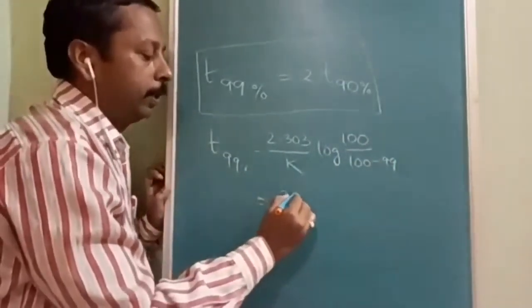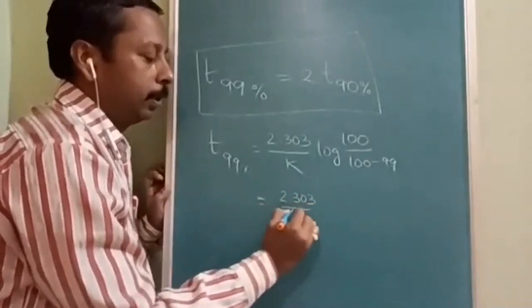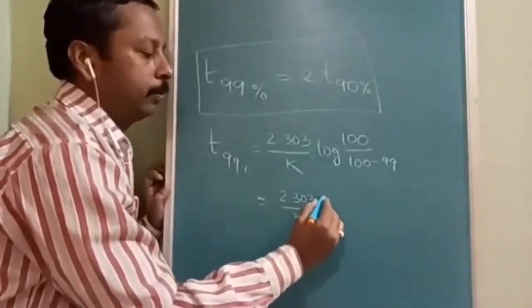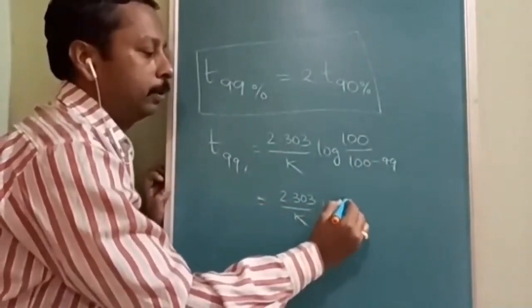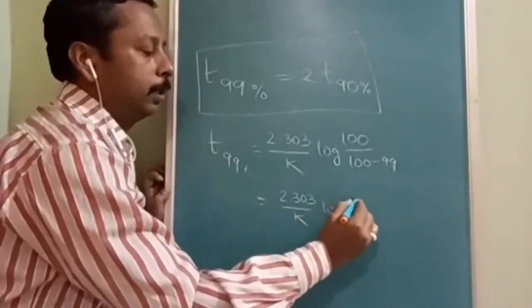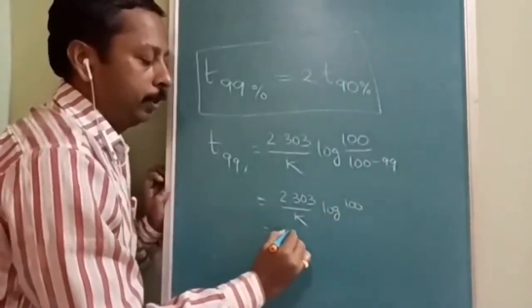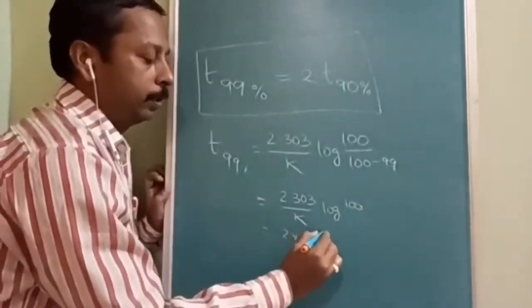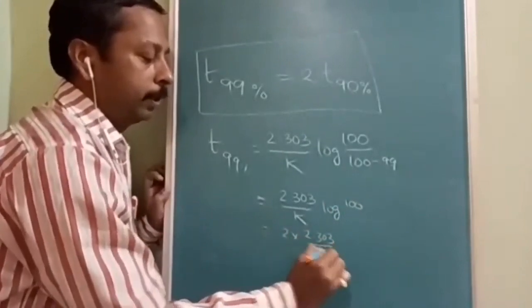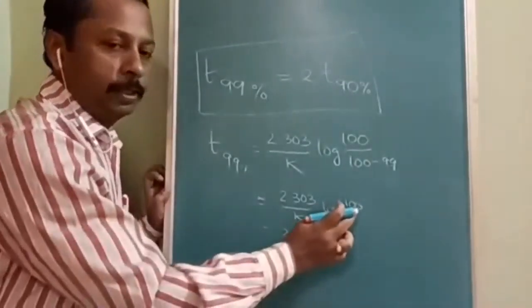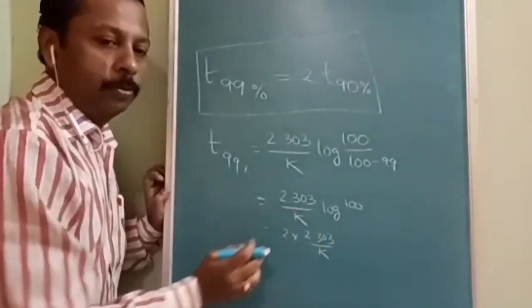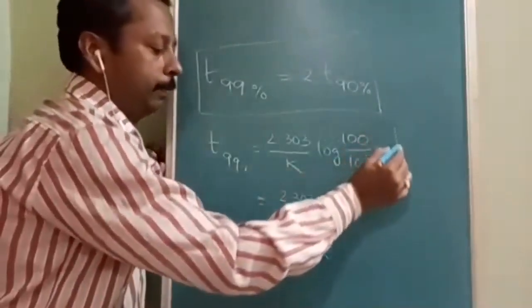So 2.303 upon K into, this can be written as log 100. Okay, so 2 into 2.303 upon K. Log 100 is equal to how much? So 2 into 2.303 upon K.